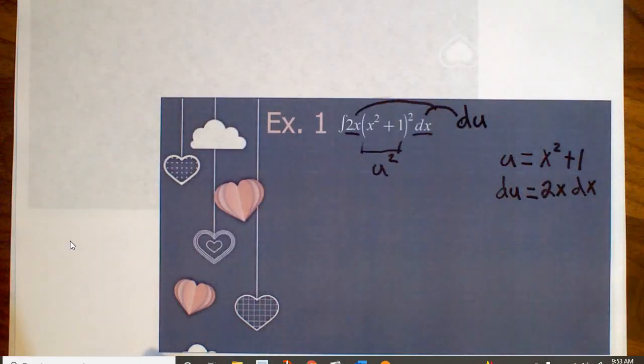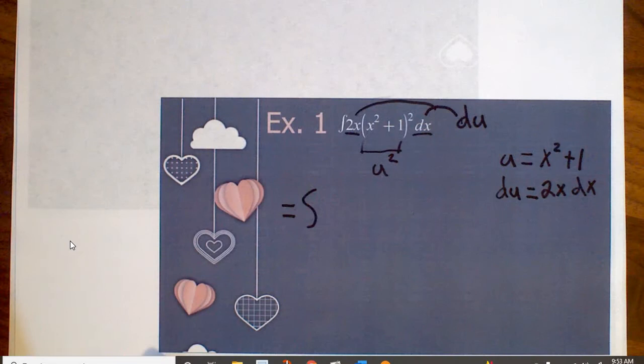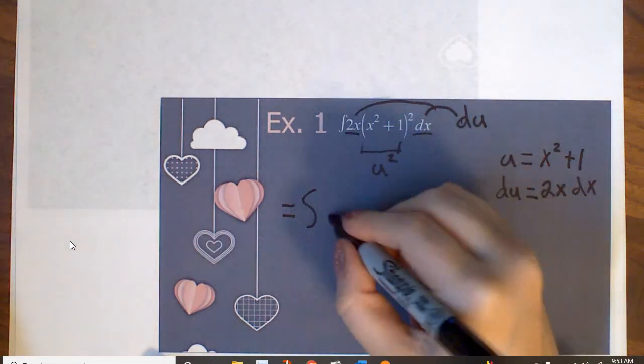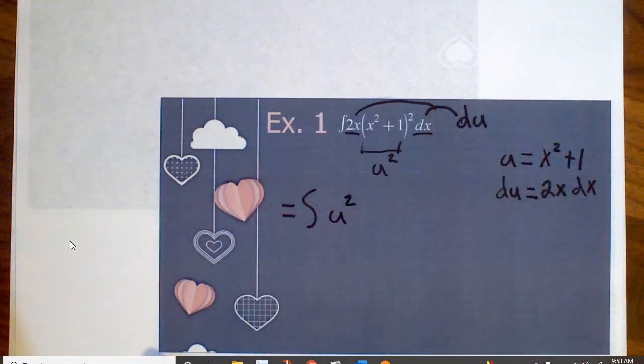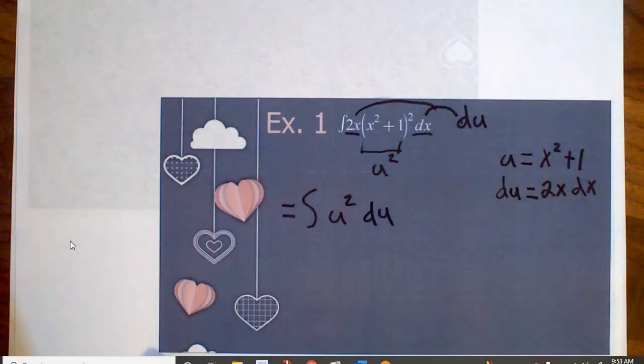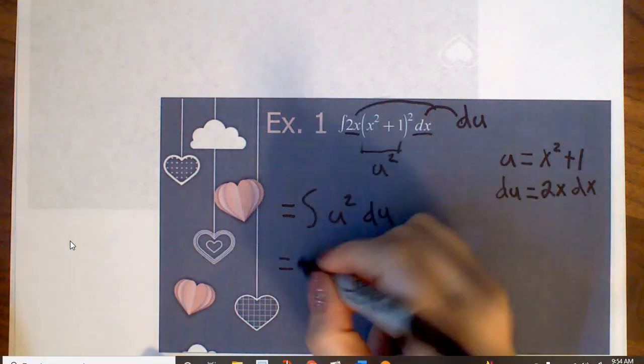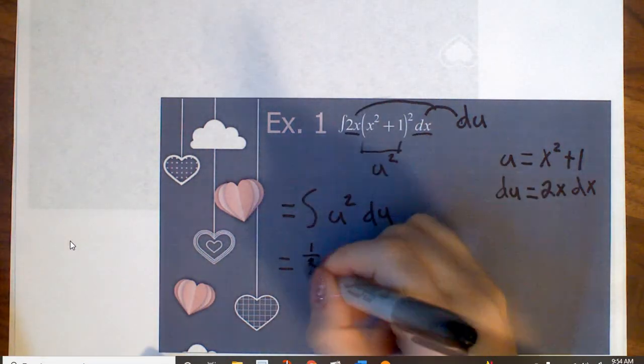So then we want to rewrite our integral. So here I have now just u squared. My 2x and my dx have been replaced by my du. And now we have something that can use just our general power rule. So I'm going to add 1, so I get 3 for my exponent. Divide by the 3.